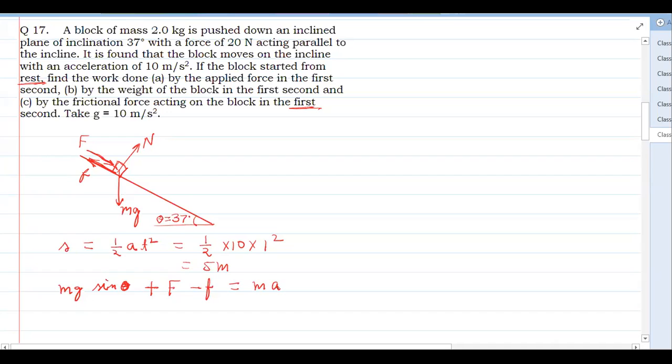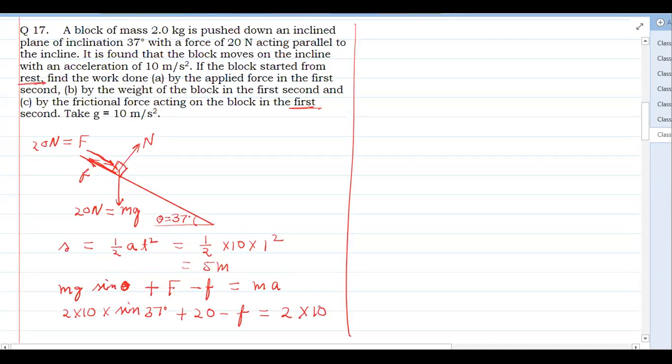By using this equation we can find the value of friction, because F and mg are given. The capital F is 20 Newton, and mg is 2 kg times 10, which is 20 Newton. So it will be 2 into 10 into sine 37, plus F is 20, minus friction, equal to mass 2 into a is 10.